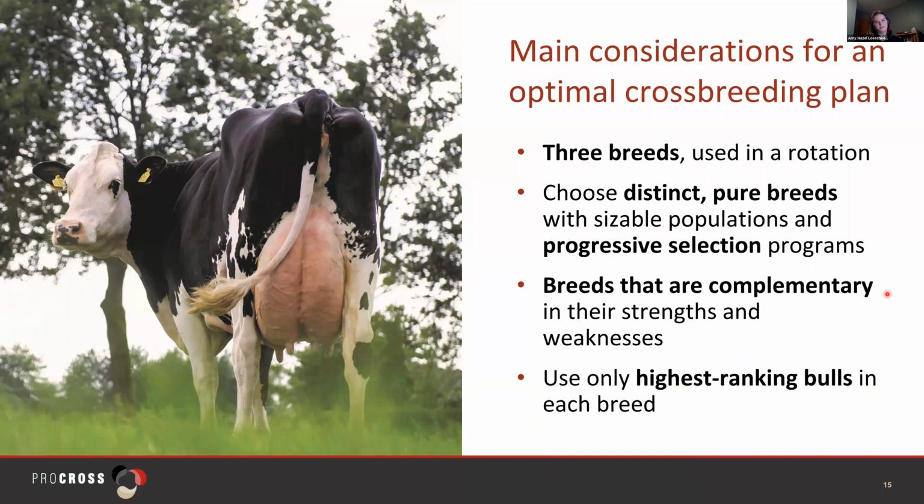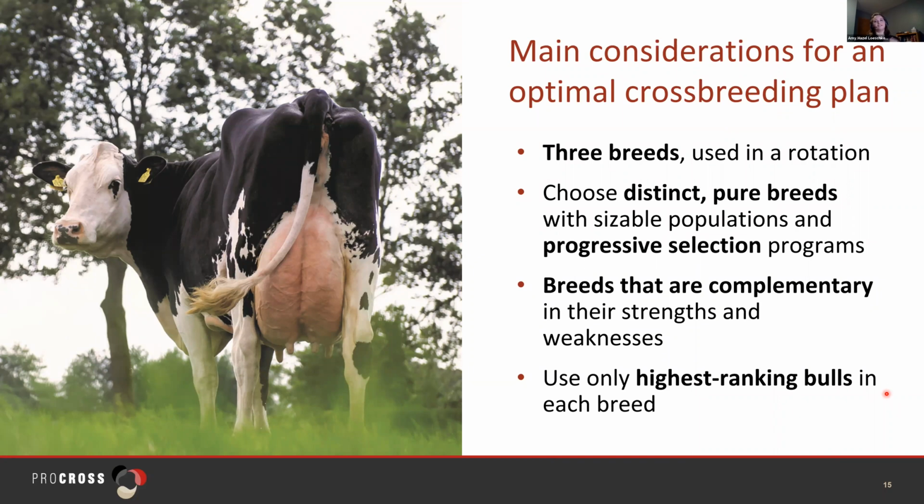And then finally, the other main tenet of crossbreeding, only using the highest ranking bulls within each breed will give you the optimal cross. So I hear a lot of folks saying, I'm on board with your concept, but I want to use a live cover bull for my program. And the problem with that is you're not taking advantage of this selection within breed when you don't use a high ranking AI bull.